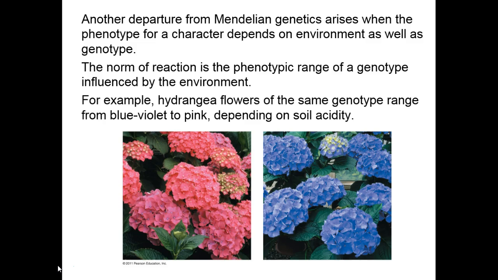A perfect example is these hydrangeas. Who hasn't seen hydrangeas? Whether you want pink ones or blue ones, what you're going to do is alter the pH of the soil that those hydrangeas are growing in. So you're actually shifting the phenotype, what that plant looks like, by altering its environment.